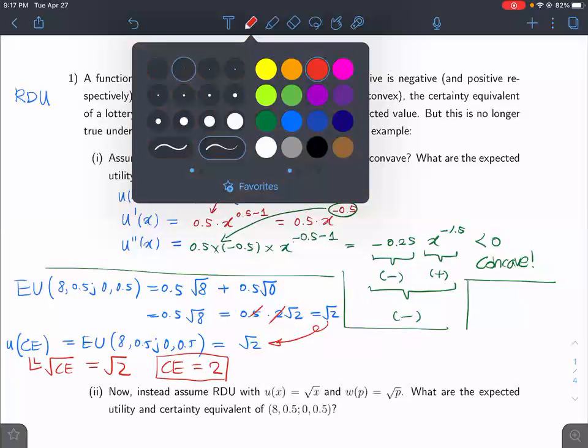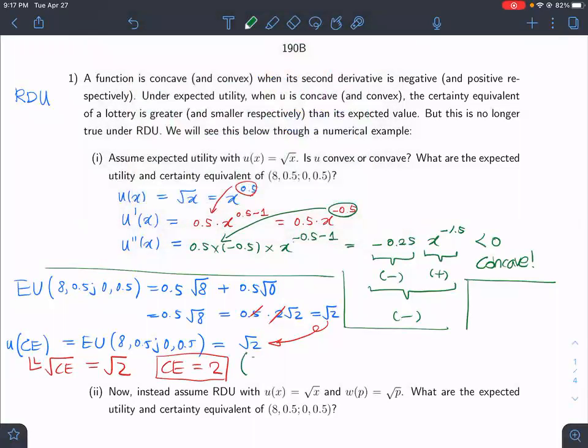Because the expected outcome, the money that I can expect from this lottery, was 4. Why? Because it's 8 times 0.5 plus 0 times 0.5, which is 4.